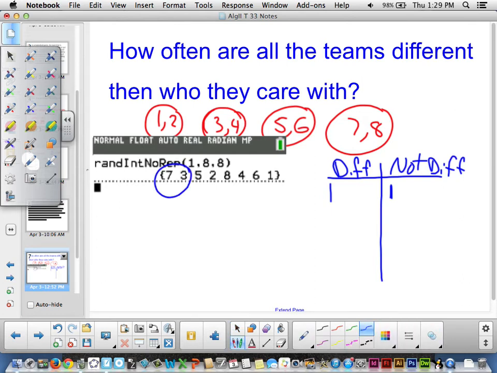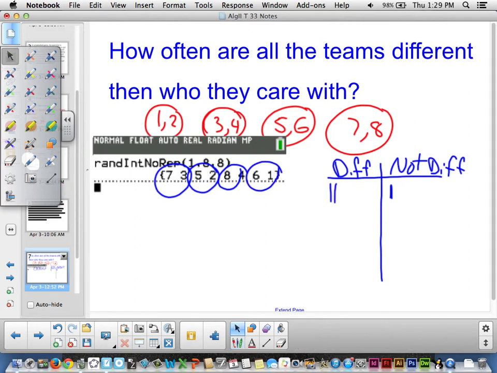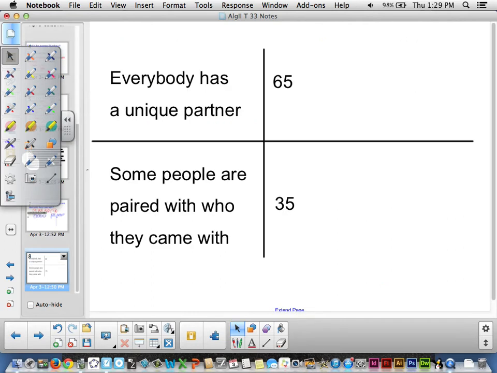We've got the teams 7-3, 5-2, 8-4, and 6-1. And again, all the teams are different. All right, and we'll run this simulation 100 times. And when we run this simulation 100 times, we can see that 65 out of 100 times, everyone has a unique partner. And 35% of the time, or 35 out of 100, some people are paired with who they came with.